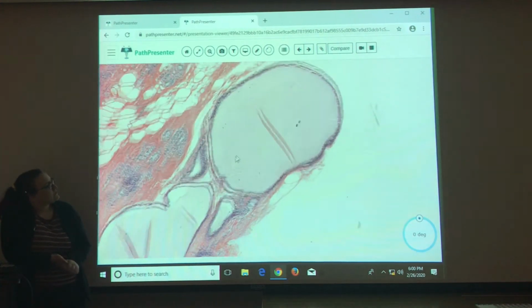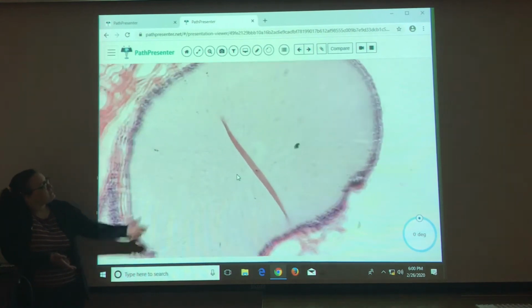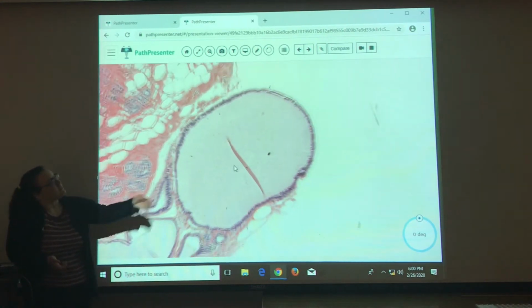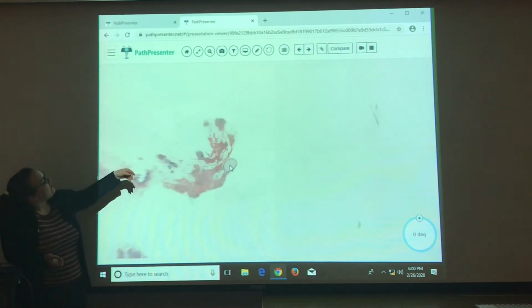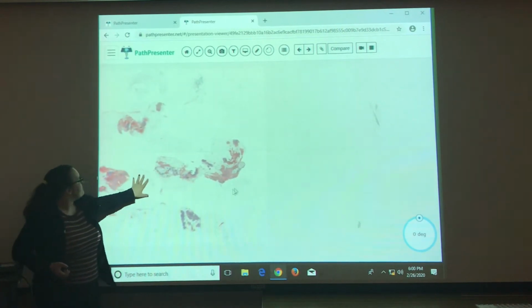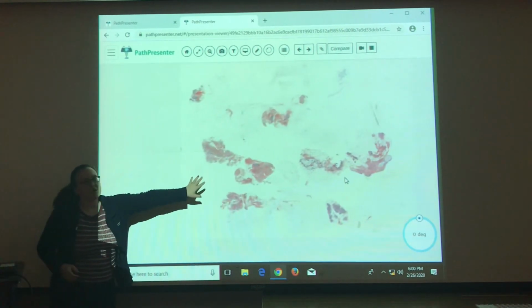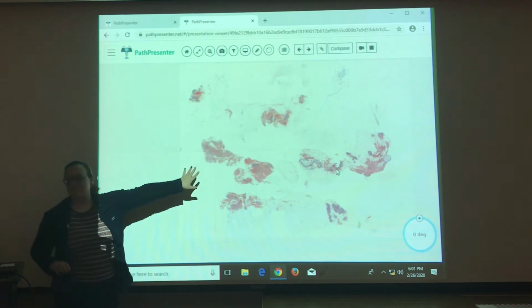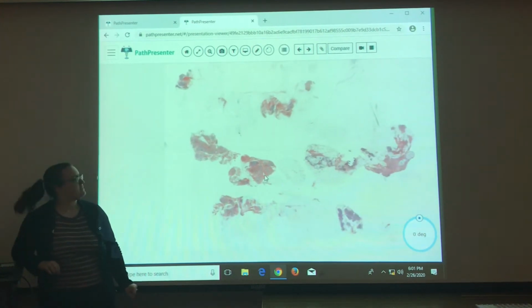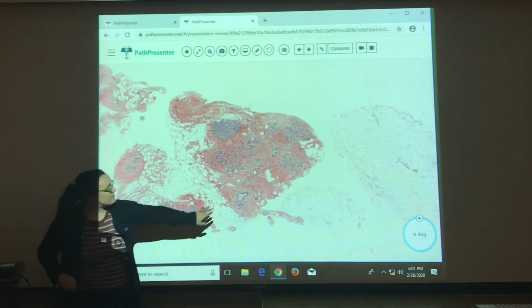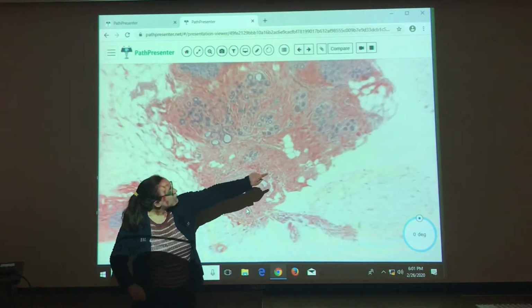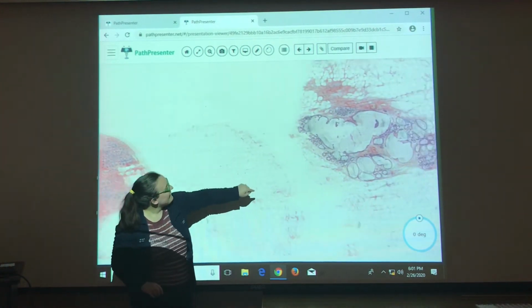Definitely no extravasation of mucin. And maybe just low power. Low power. Just look at this. You see how it's kind of everywhere? When you have that much mucin, there's no way that this is just a cyst. You see how it's over this way, all this.